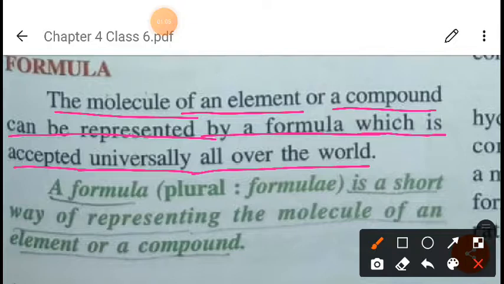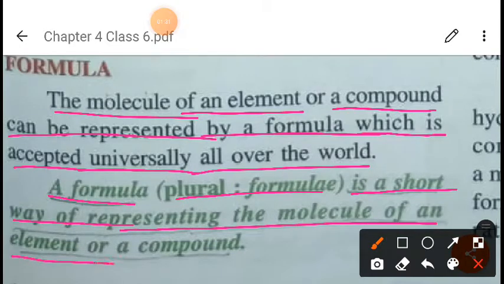Okay, so what is this formula? How can we define it? We can define it like this: a formula, plural form formulae, is a short way of representing the molecules of an element or a compound.